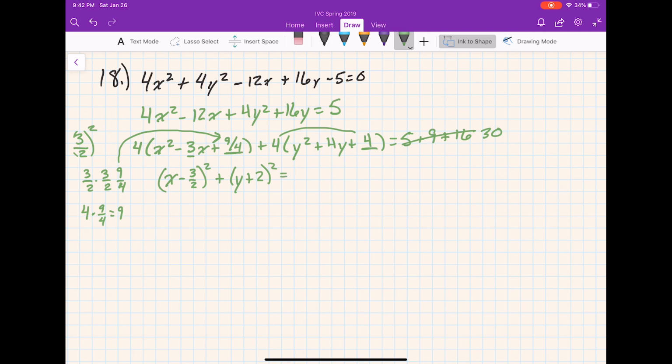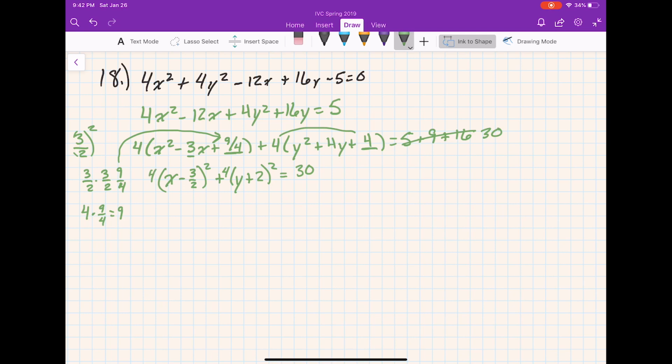But remember, we have these 4s in front of these two quantities. Now this is going to be 30. I was going to do that really quick, but I'll write it so you remember these 4s are in front of here.